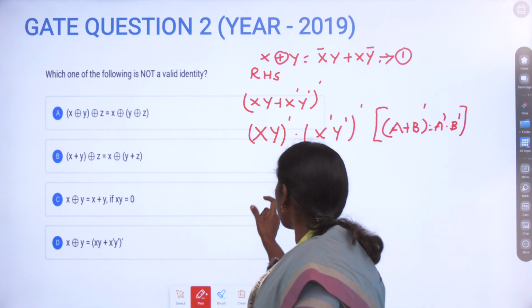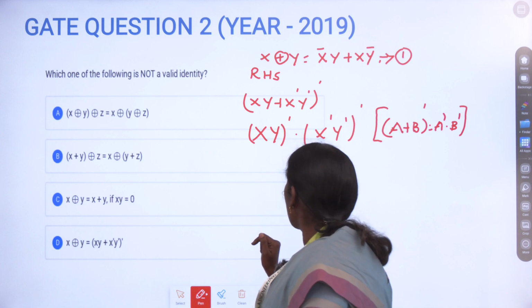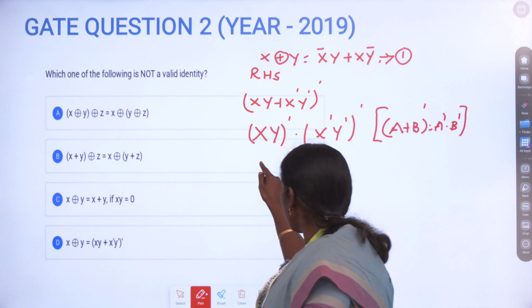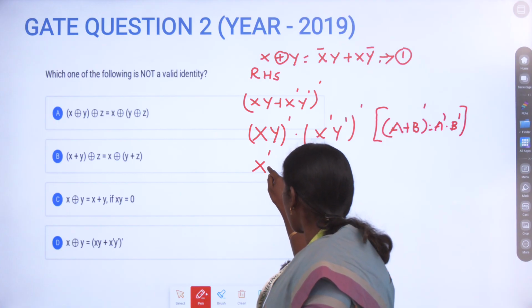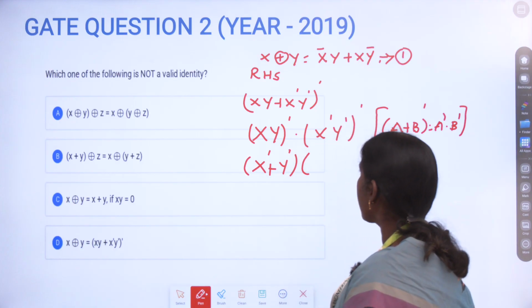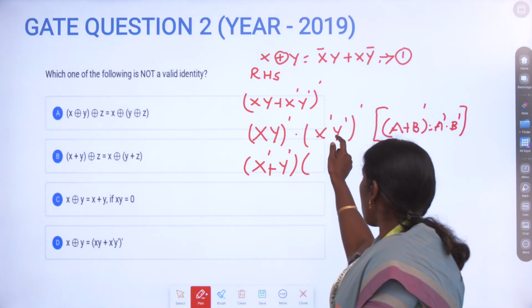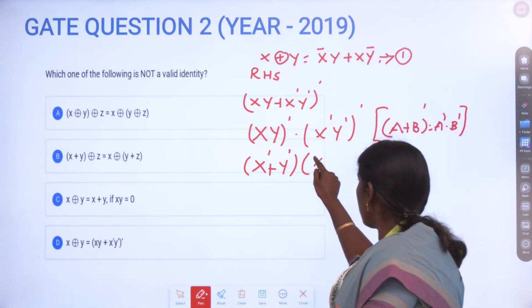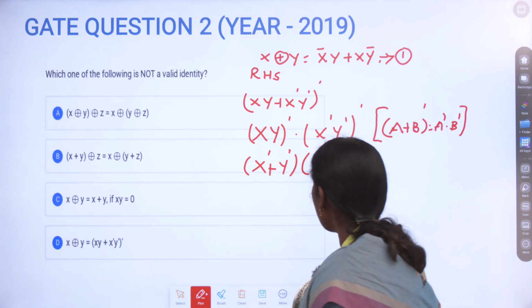Again, this is De Morgan's theorem, that is (a dot b) the whole dash. So let me apply the De Morgan's theorem again and expand the equation, x dash plus y dash. So this is also De Morgan's theorem. So let me expand this. We know that (a dot b) the whole dash is equal to a dash plus b dash.